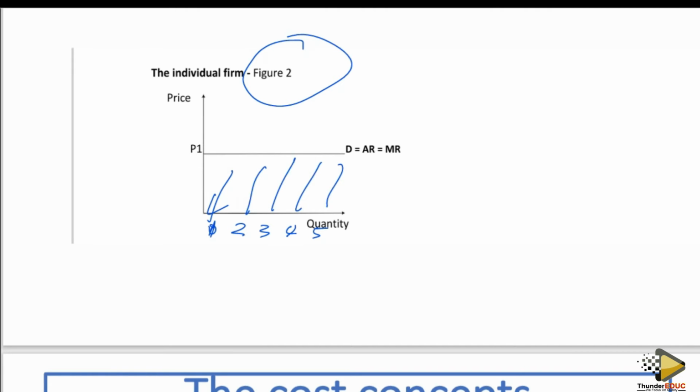What does it mean? It means that businesses can only change the quantity. There's no way that they can tempt changing the price, because the moment they tempt changing the price, that's when they are going to deviate from the prevailing market price. Now they charge their own price, hence are generating loss. Why?